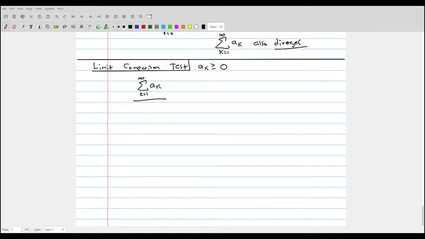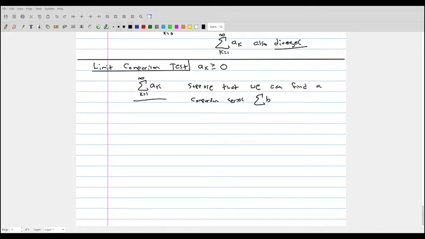And the limit comparison test is a very similar statement to the limit comparison test for improper integrals. It says the following. Suppose that we can find a comparison series, we'll call this the sum of bk.